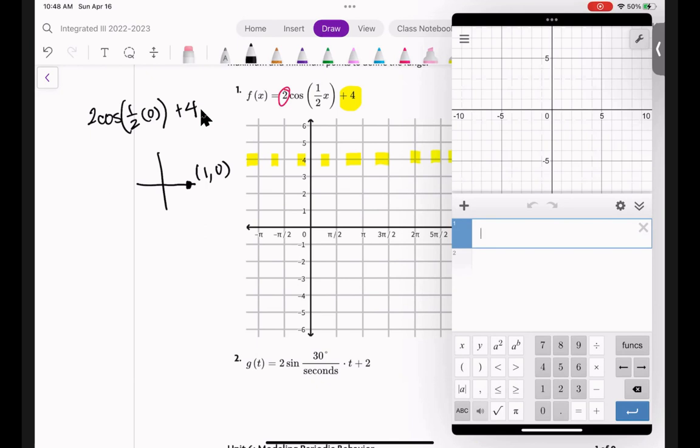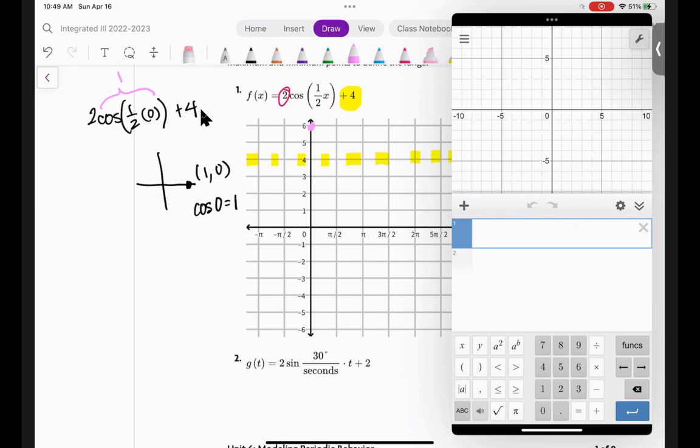So cosine of 0, because 0 times half is 0. This tells me that cosine of 0 equals 1. So this whole part right here equals 1. So 2 times 1 is 2, plus 4 is 6. So at 0, it's right there.